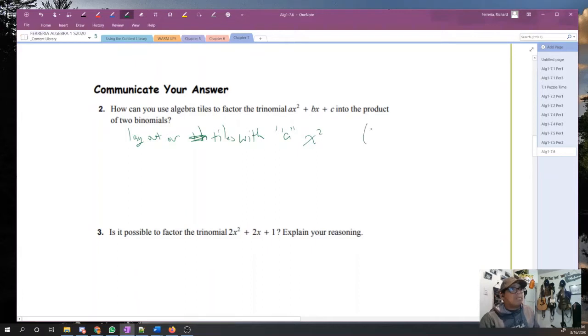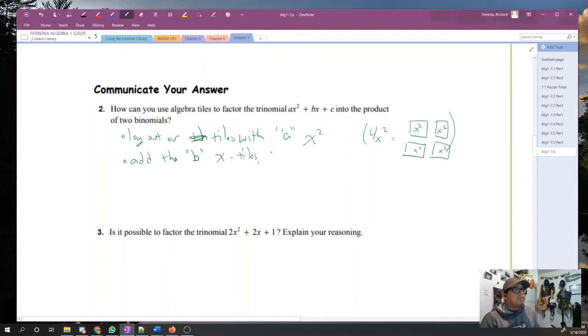So for example, 4x squares is equal to 4 big tiles. I think in our set those are blue. Okay, and then after we've done that, we're going to add the b x tiles.